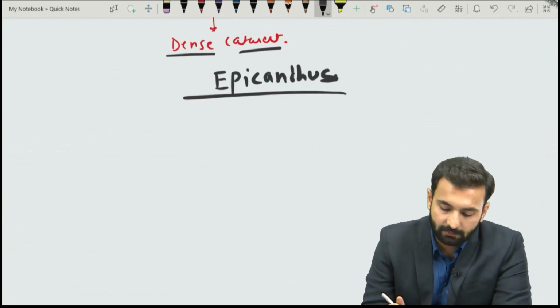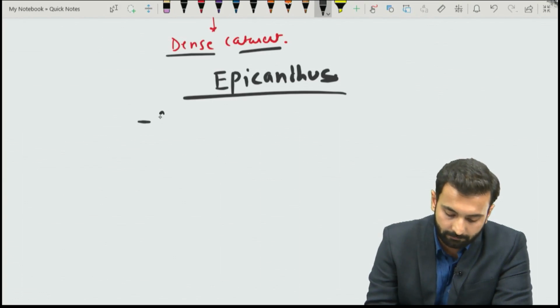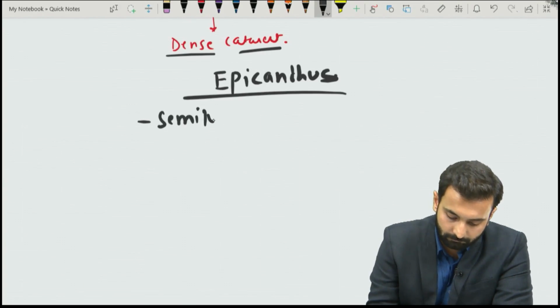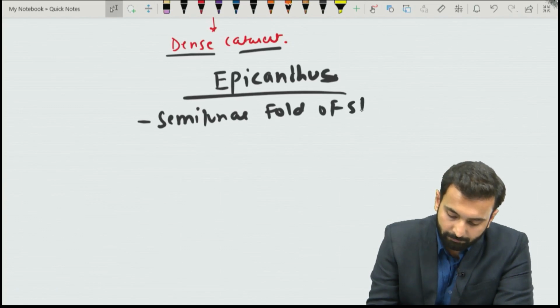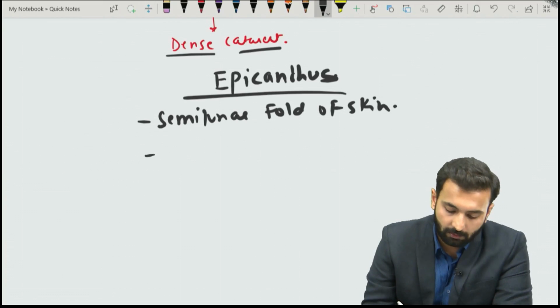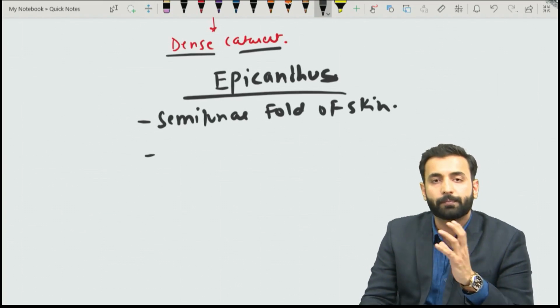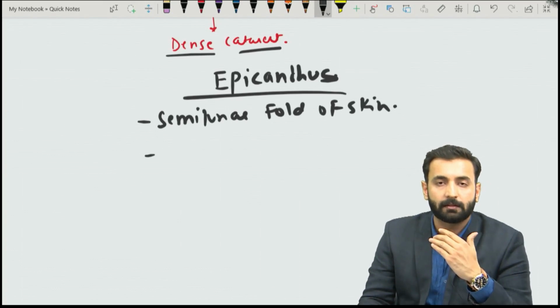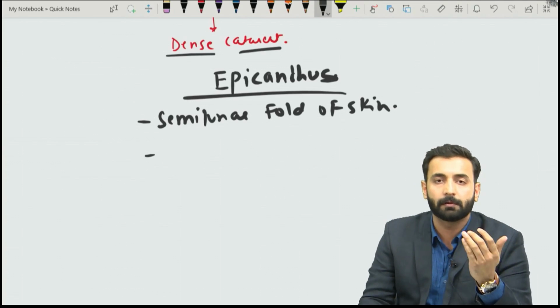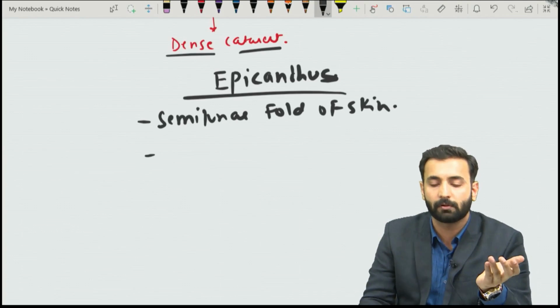Epicanthus is a semilunar fold of skin over the medial canthus of the eye. It obscures the view of the caruncle and plica semilunaris, right?